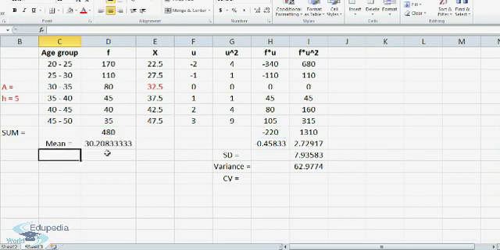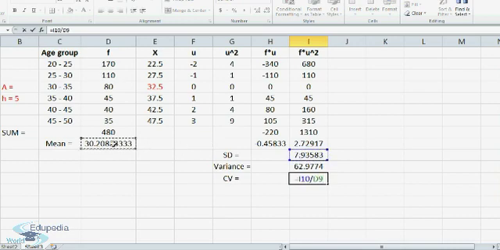So our mean is 30.20. Rounding it off, it will be 30.21. And now my coefficient of variation would be the standard deviation value divided by the arithmetic mean.